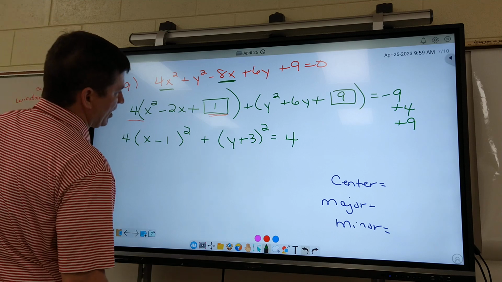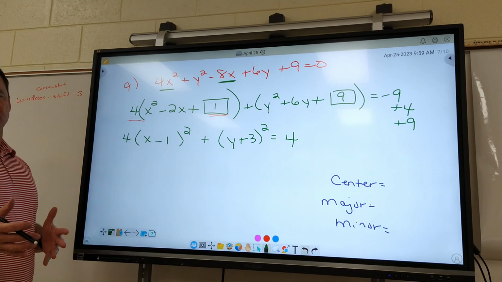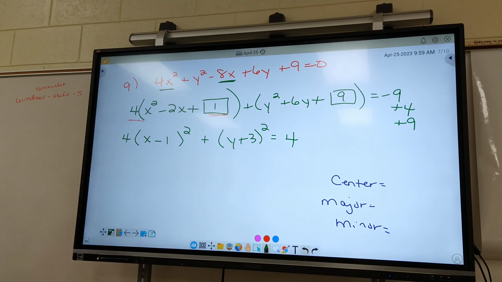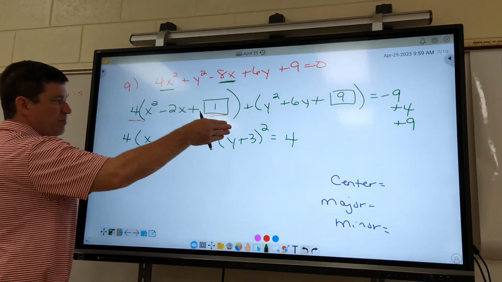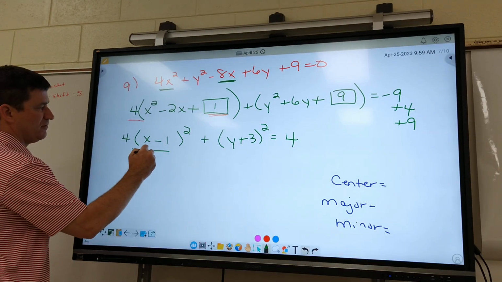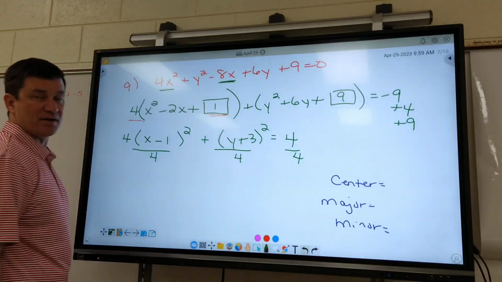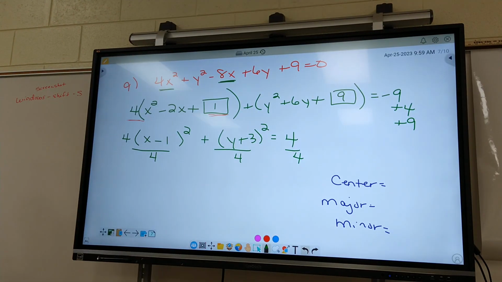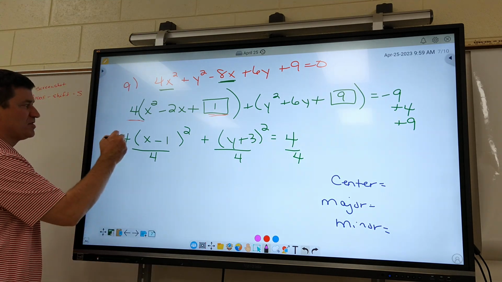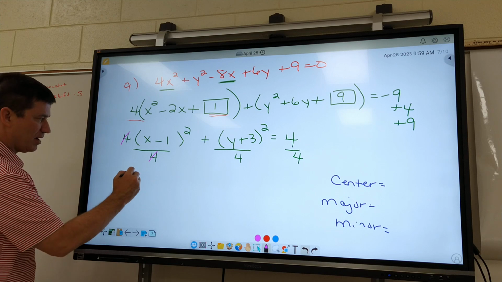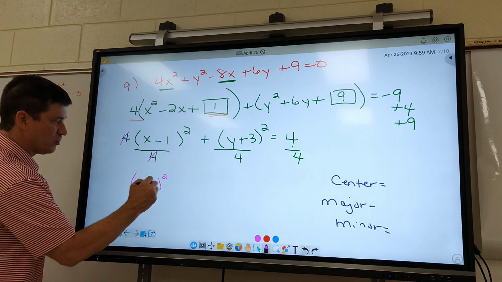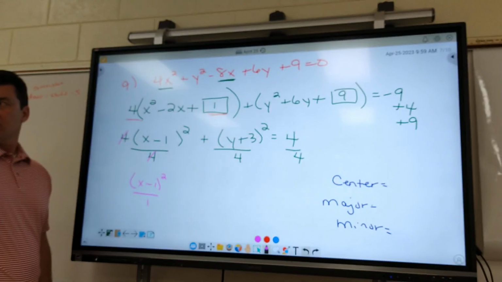All right, so our last step, if it's the standard form of the equation for an ellipse, remember it's got to equal 1. How can we make this equation equal 1? Divide everything by 4, because 4 was on the right side of the equal sign. Now you will have your standard form. So these cross out, right? So I got x minus 1 squared over 1.